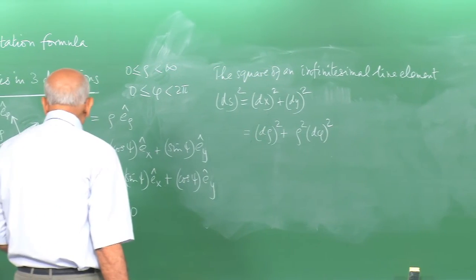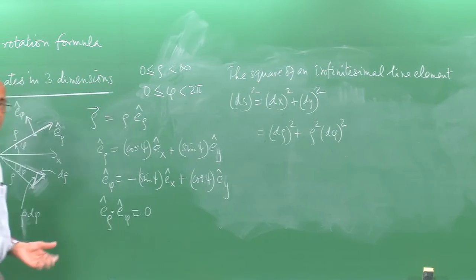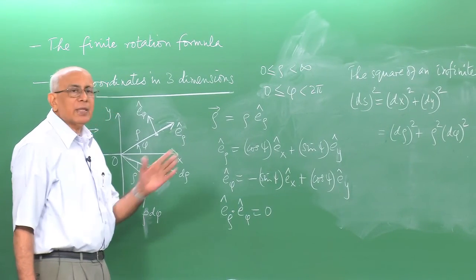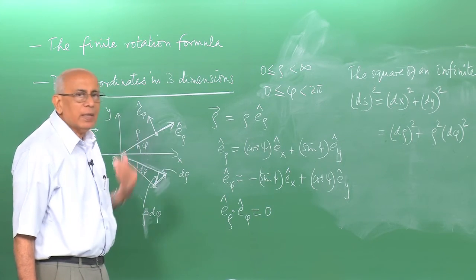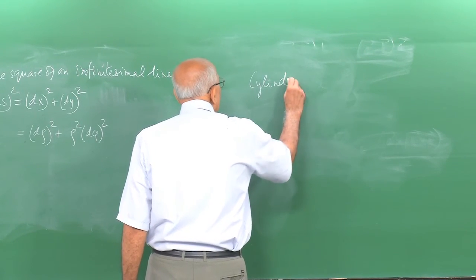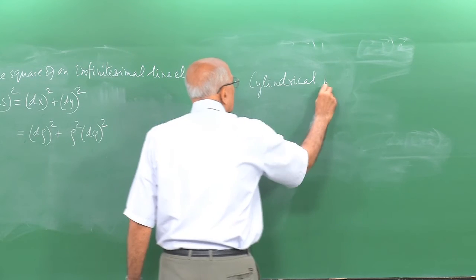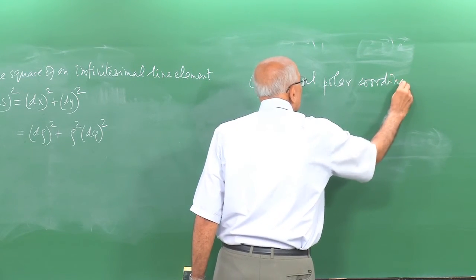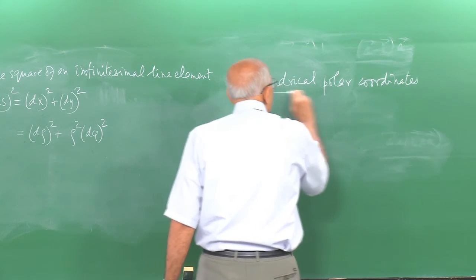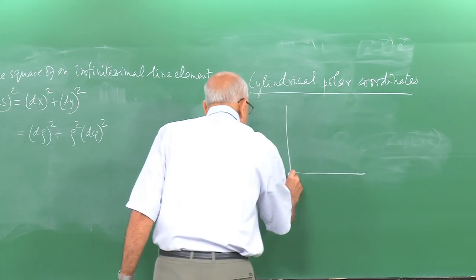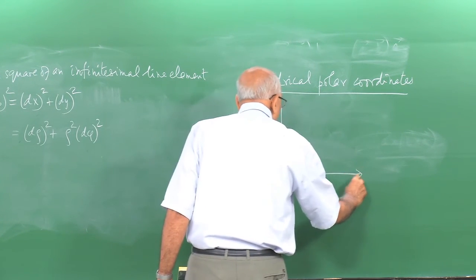This is absolutely crucial. Now, the extension of this to a third dimension can be done in many ways, but the most trivial extension is to simply say the z coordinate is not affected at all. So what one does is to introduce the cylindrical polar coordinates here. And now you do exactly what you did earlier for plane polar coordinates.